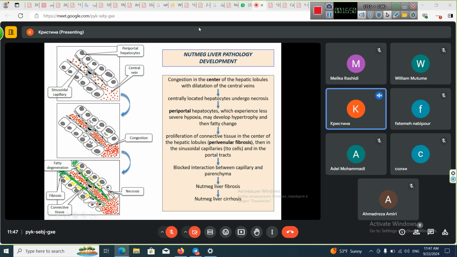So the production of connective tissue goes along the sinusoidal capillary, and finally at the area of the portal triad. In this area we will have the fibrosis. Fibrosis means that here we have increased amount of connective tissue.